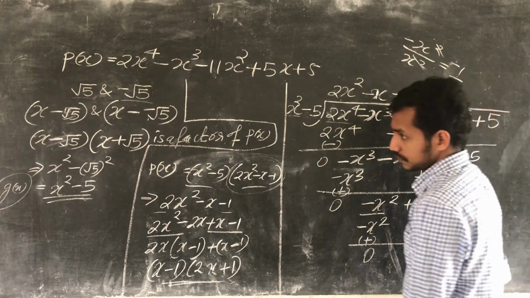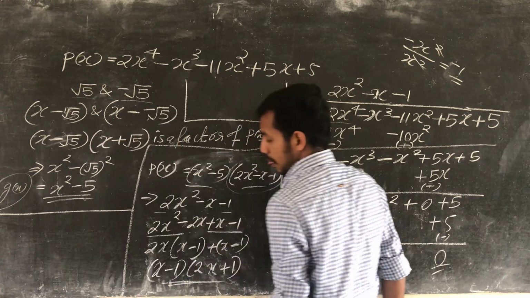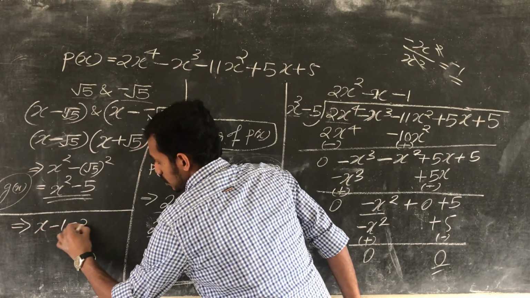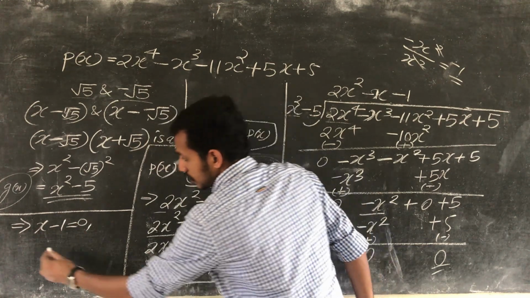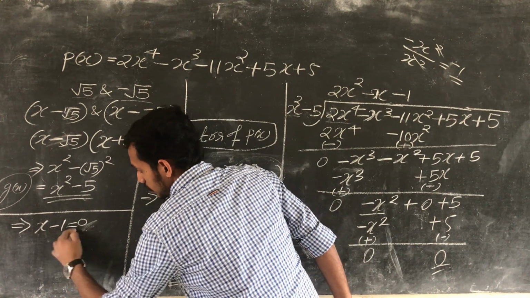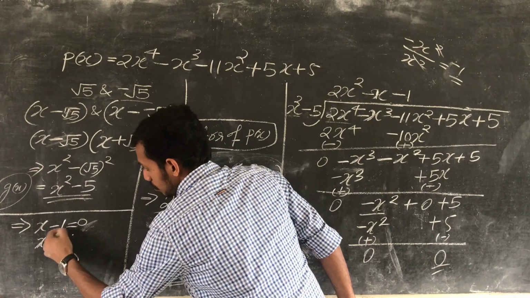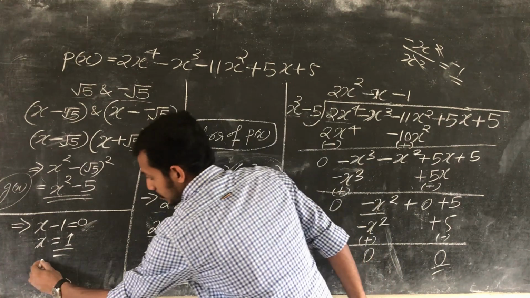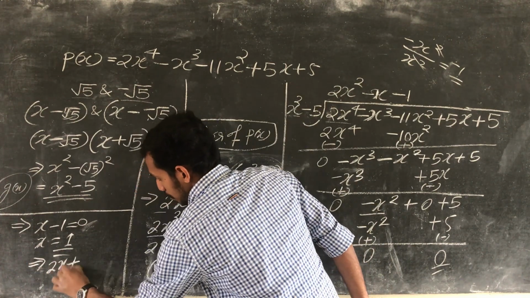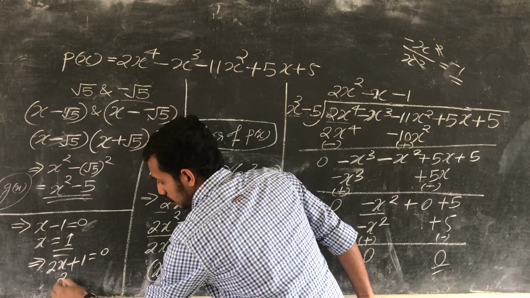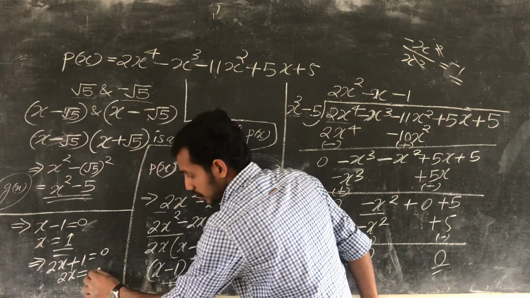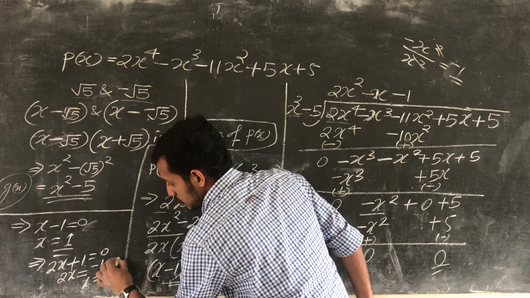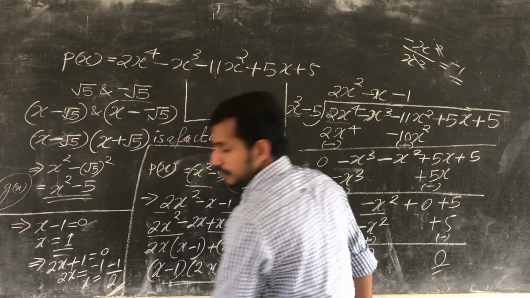That implies x minus 1 equal to 0, so x equals 1. Similarly, 2x plus 1 equal to 0, 2x equals minus 1, then x is equal to minus 1 by 2.